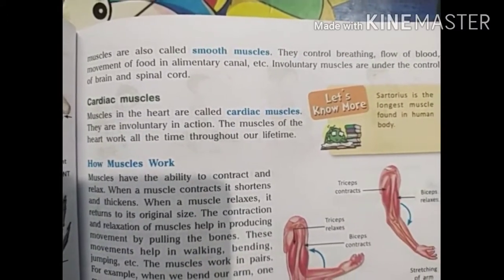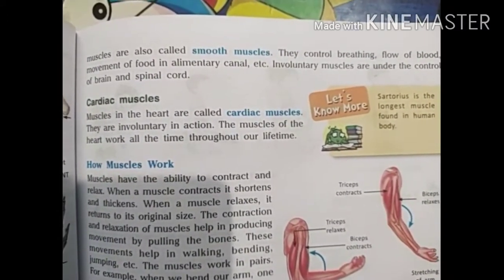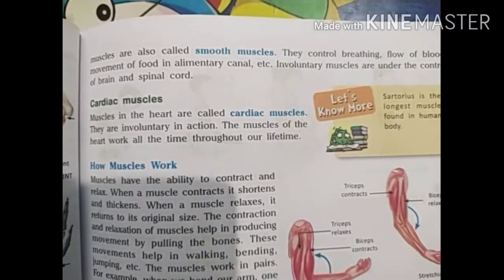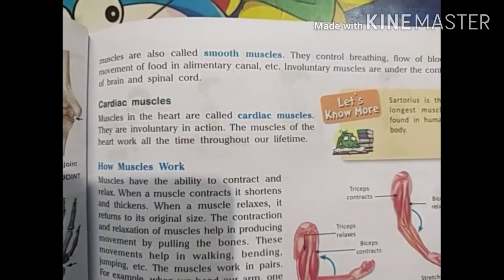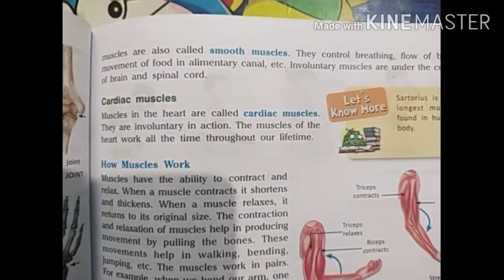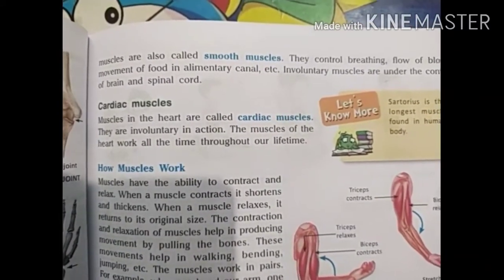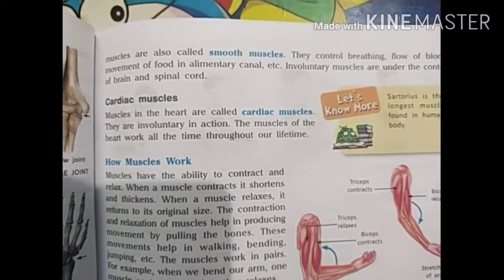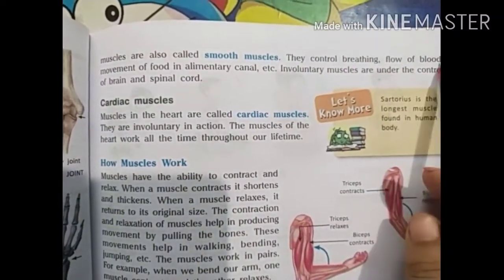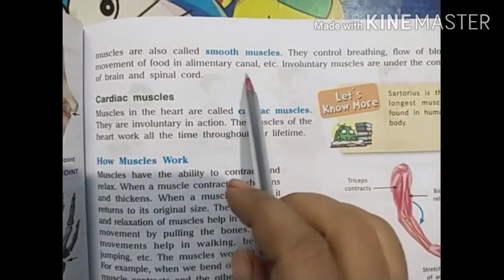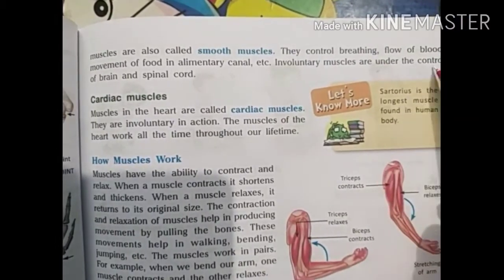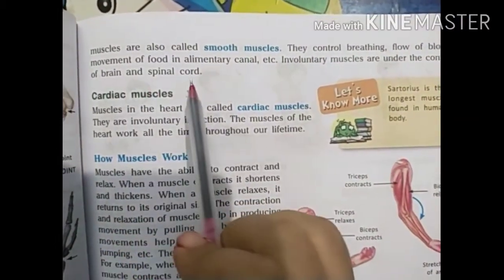Nobody gives the command to our kidneys to purify the blood. They perform their task without any delay, throughout the day and night and throughout the complete life. They control breathing, flow of blood, movement of food in the alimentary canal, etc. Involuntary muscles are under the control of brain and spinal cord.